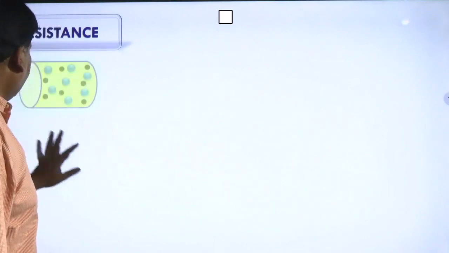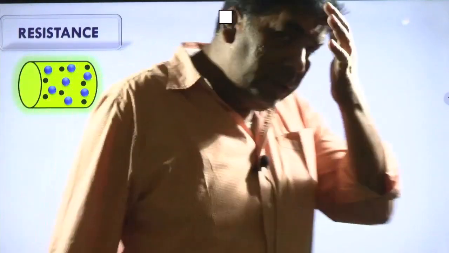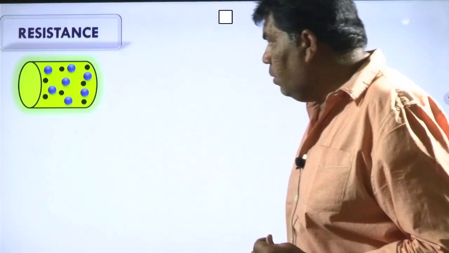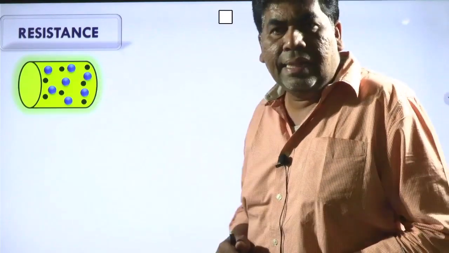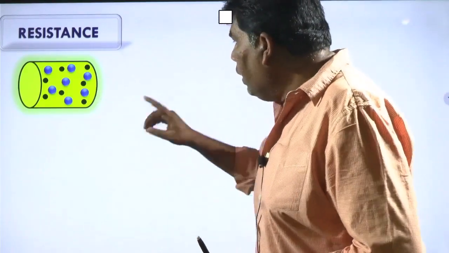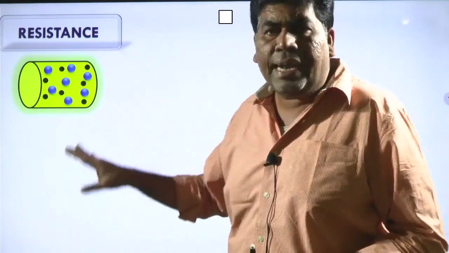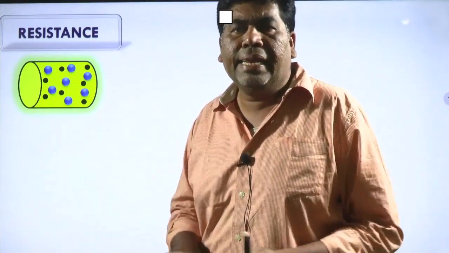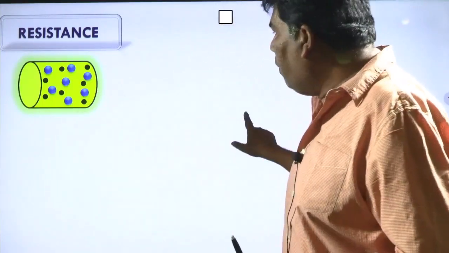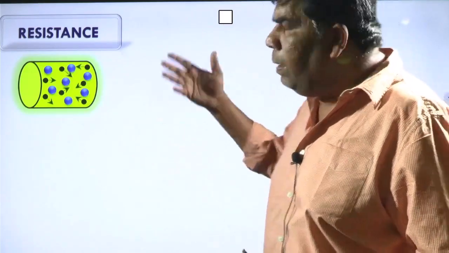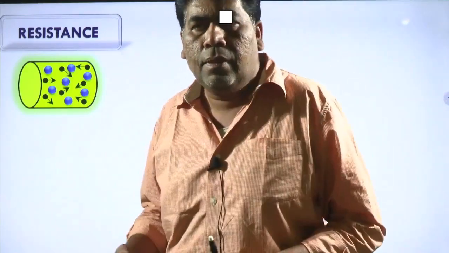Okay, children, resistance. Suppose you have a conductor, so it will have some particles inside it. In the beginning, if it is not attached to any electrical source, what is the particles' behavior? They may be moving in random directions.